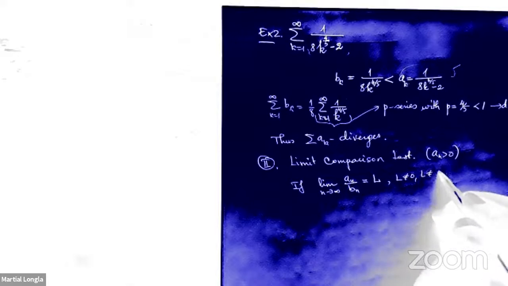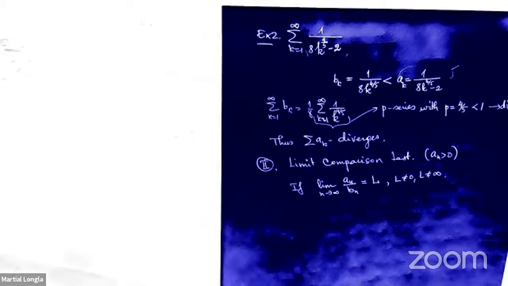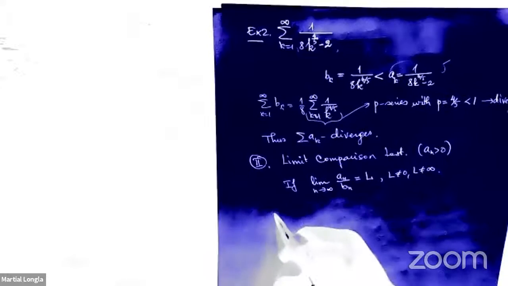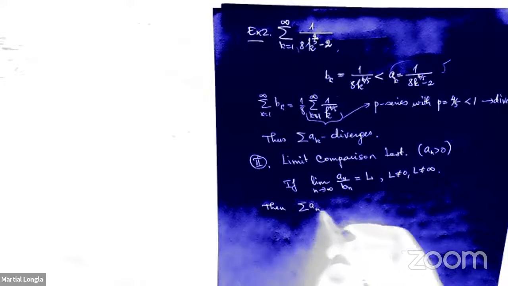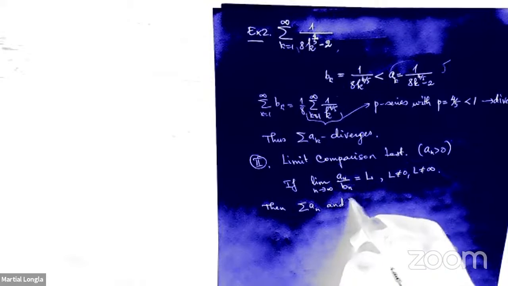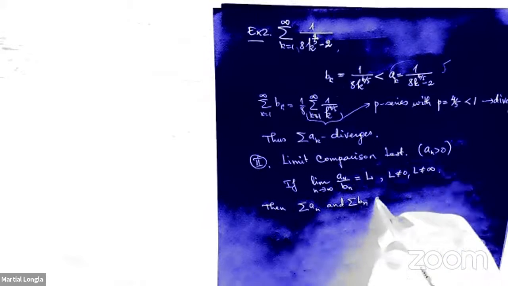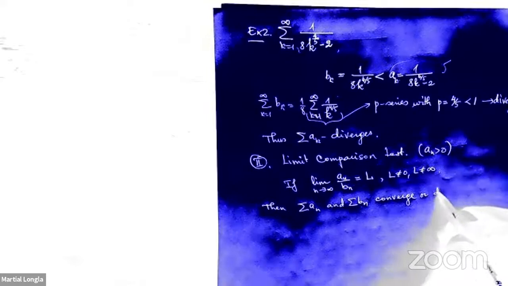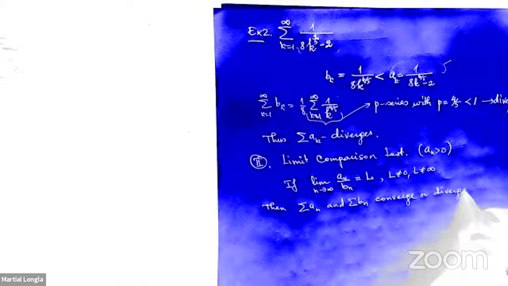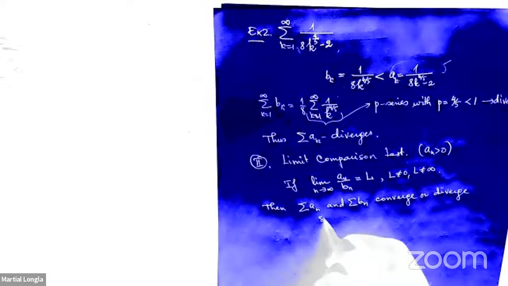L is not infinity. So if you have limit of an over bn equals to L, then sum of an and sum of bn converge or diverge simultaneously.